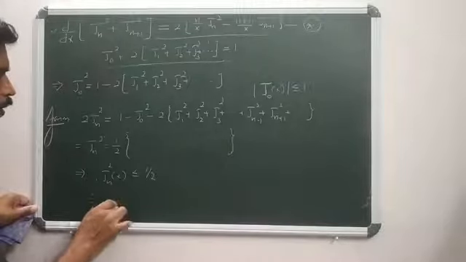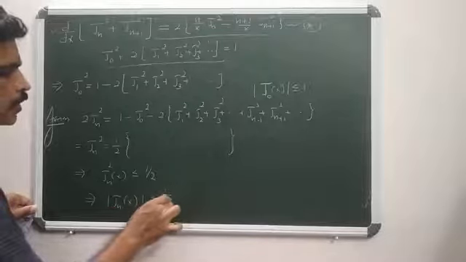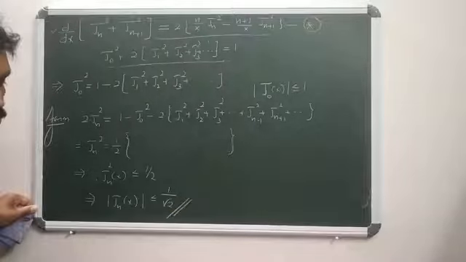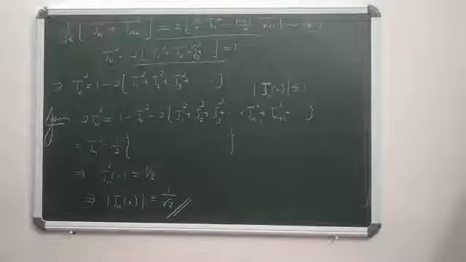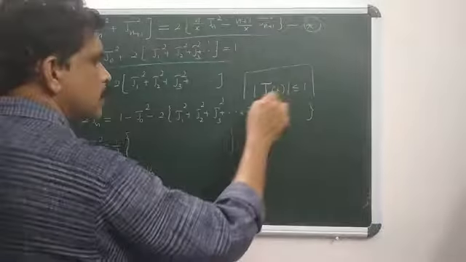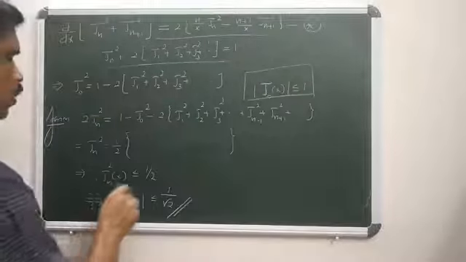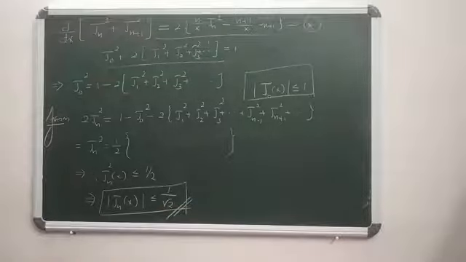So from here we can conclude that modulus of Jn x is less than or equal to 1 by root 2, where n equals 1, 2, 3, 4, etc. Okay. So these are the two interesting values, that is modulus of J0 x less than or equal to 1 and modulus of Jn x less than or equal to 1 by root 2. Okay, thank you.